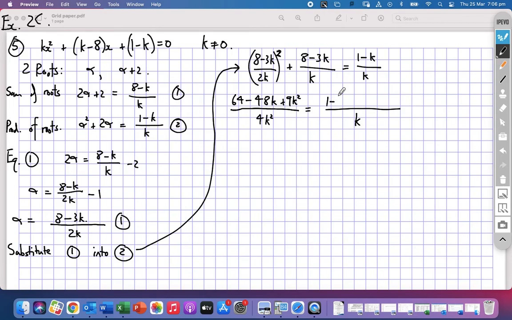We've got 1 minus k minus the 8 and minus the minus 3k. Minus minus, right? Which ends up being plus. So that turns into 2k minus 7.